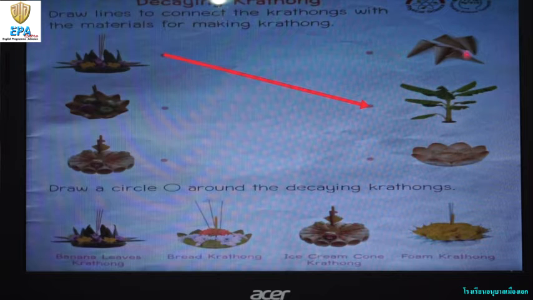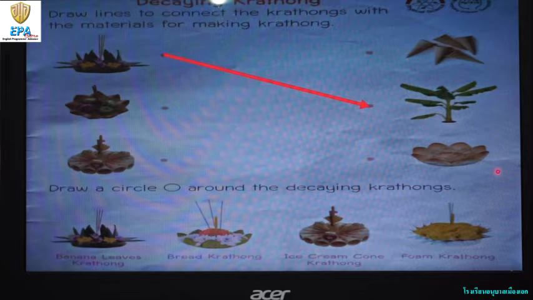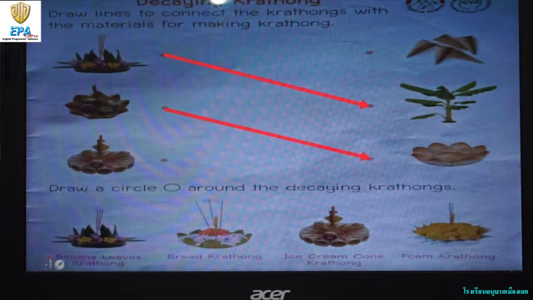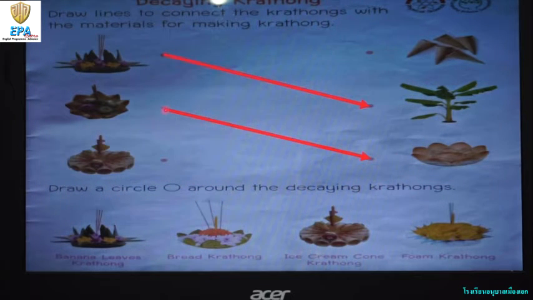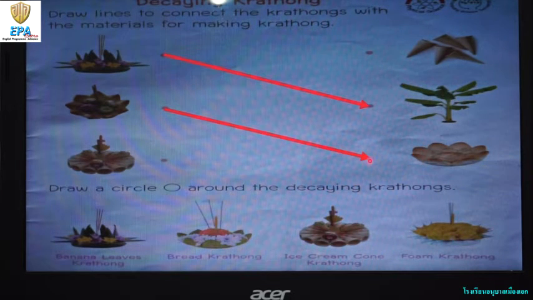So which material here on this side is the one that is used in making the kratom made out of bread? Very good. It is, of course, this one, bread. That is why it is called a bread kratom, because it is made out of bread. Now just draw a line from this point going to this point.